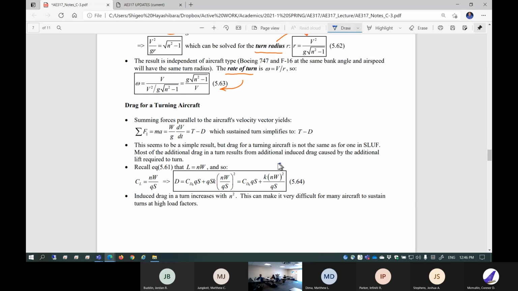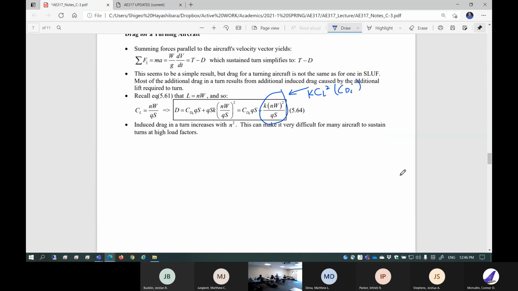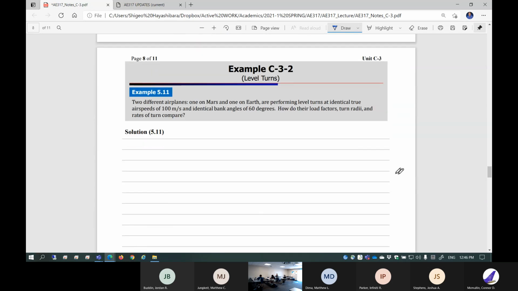Bad news is because CL is huge, you are going to have a huge induced drag. So this is K times CL squared, or CDI, induced drag, is going to be increased this much. So this is the portion that you have to include: increased drag coefficient. Induced drag is increased.